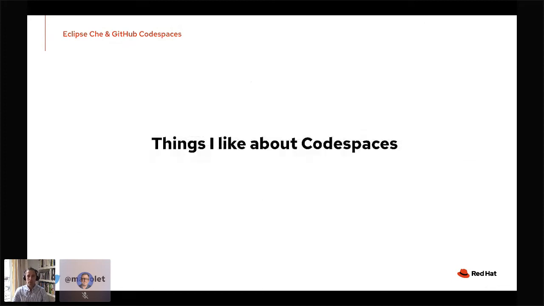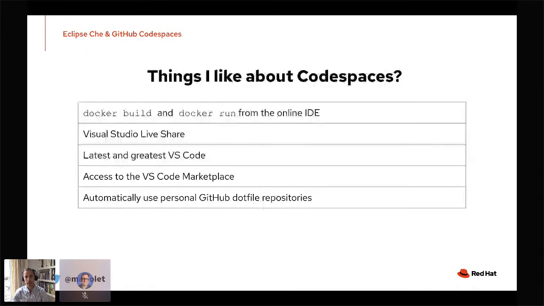Now I would like to go a little bit deeper on some of the aspects that I like in both Codespaces and Eclipse Che, and I will start with Codespaces. The first thing is really cool, because a lot of projects today have a Dockerfile, and developers are more and more demanding to be able to use Docker.